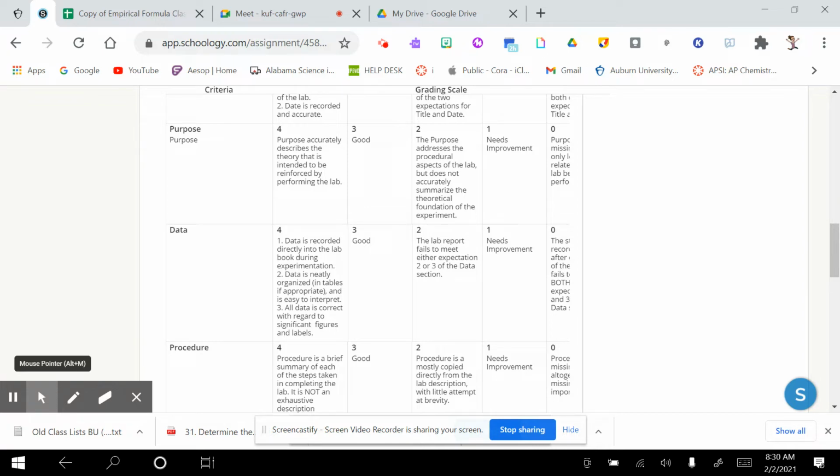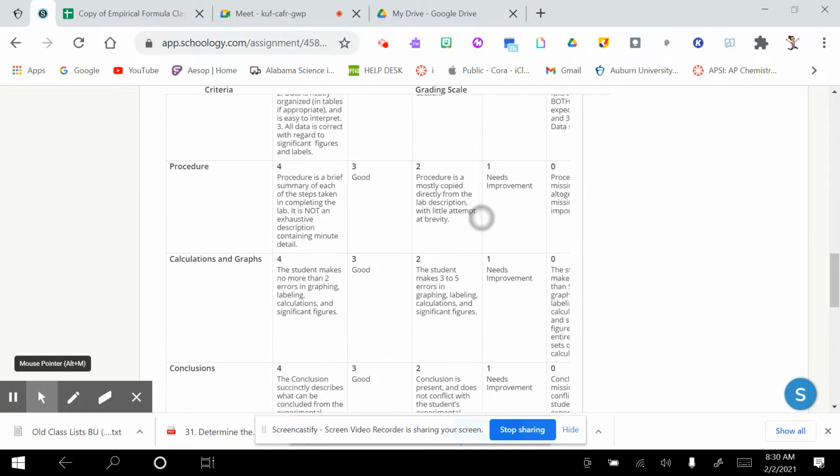You can do that however you want, as long as in the report we are able to see the data. Data is neat and organized. Again, that should be an easy one because you got the table. It's right there, nice and neat and organized, the way it's supposed to be. All you have to do is get it from the Google Sheet into your lab report.